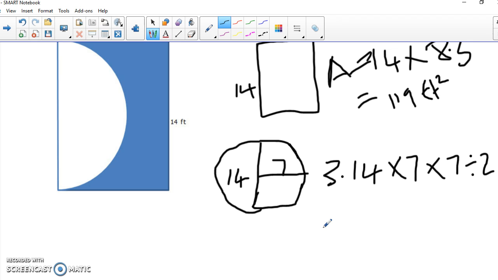Now, let me go to my calculator and then I'll multiply 3.14 times 7 times 7, then divide by 2. That amounts to 153.86 feet squared.